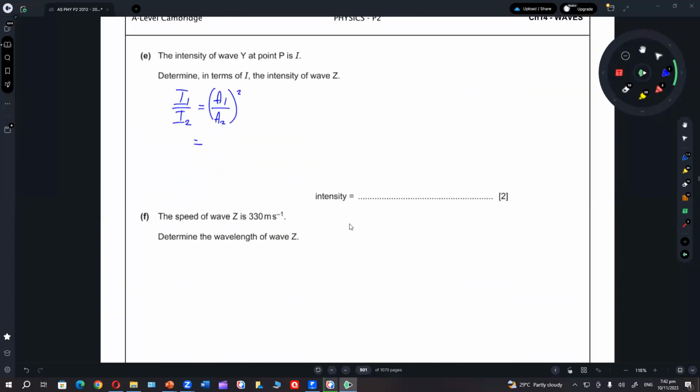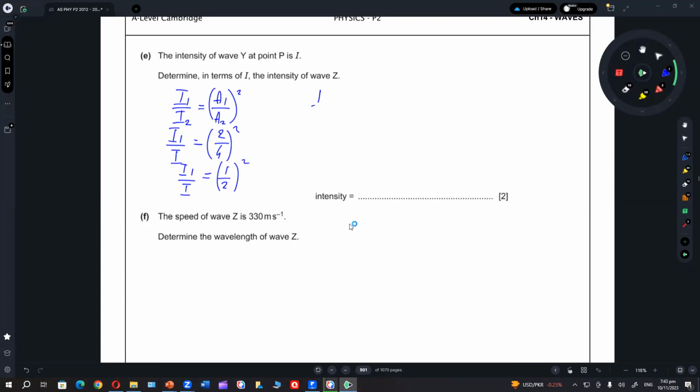So let me put it like this. I do not know I1, and I put here the bigger wave is down. The smaller wave is in the top and the bigger wave is in the denominator. So when I solve it, it will be 1 upon 2 whole square.